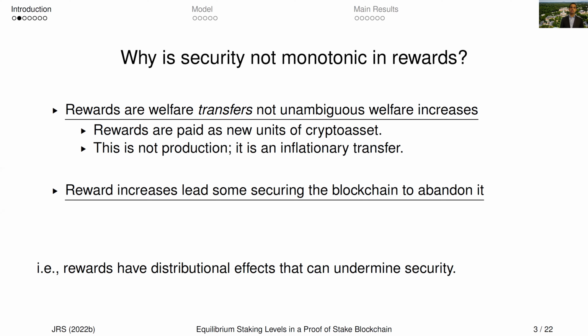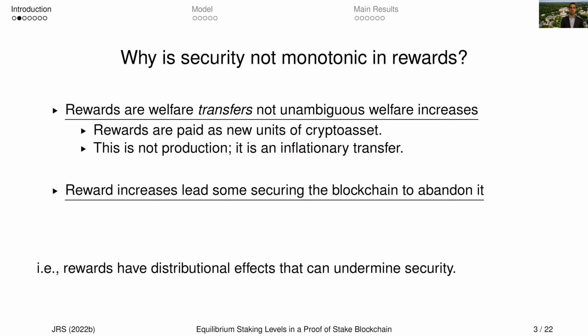Well, by the same token, in a proof of stake setting, when we talk about rewards, there are going to be new coins created on each block that are then given to these individuals that are securing the blockchain. And that does not represent any new production. That does not represent any new value. What that represents is an inflationary transfer. And if you have an inflationary transfer, that means that somebody is bearing an inflation tax and somebody is getting the revenue from that inflation tax.